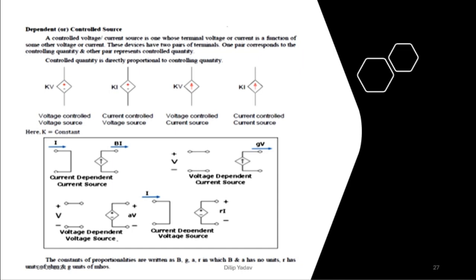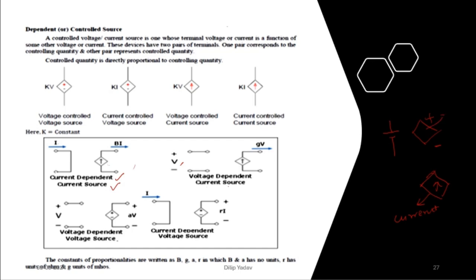Then coming to the dependent source, this was independent. In the dependent source, we have the current dependent current source, and the voltage dependent current source. The voltage will be represented like this, with positive and negative terminals, or we can say it represents the current, which is the dependent current.